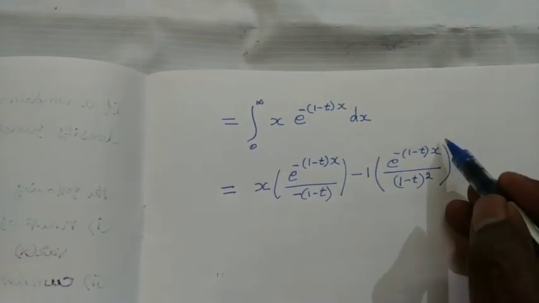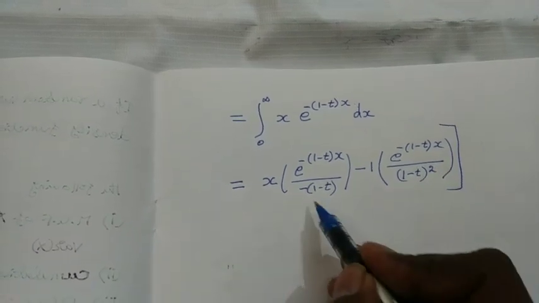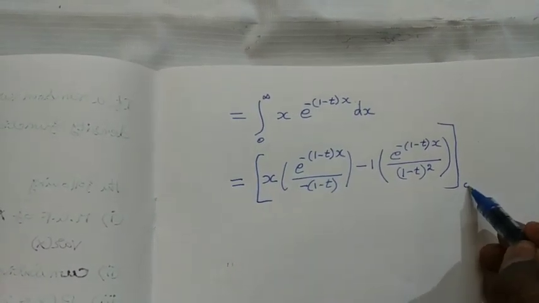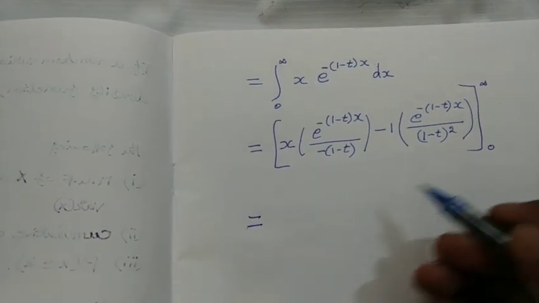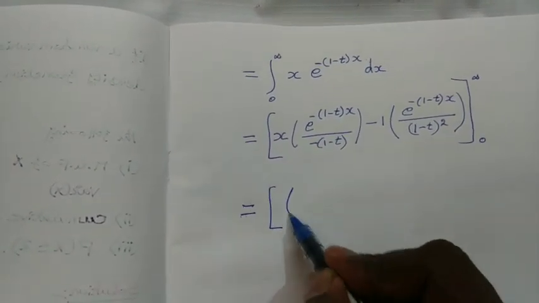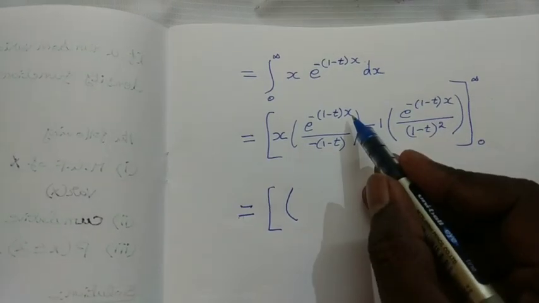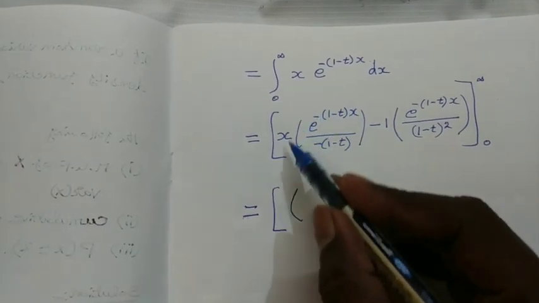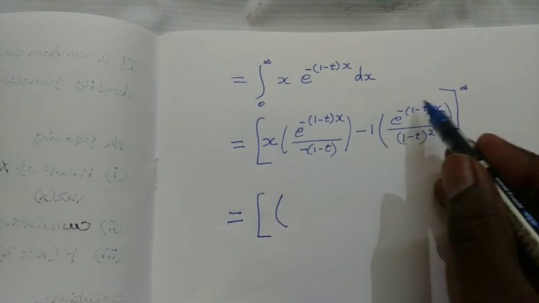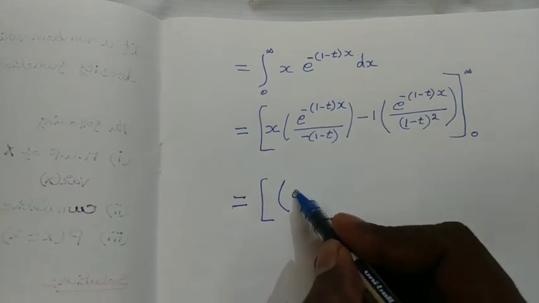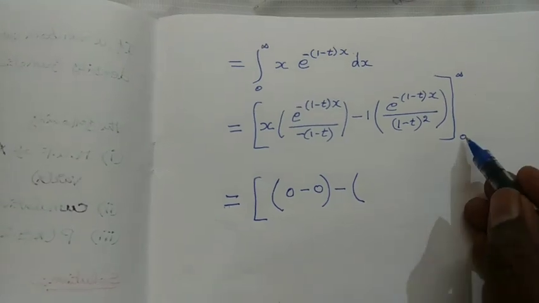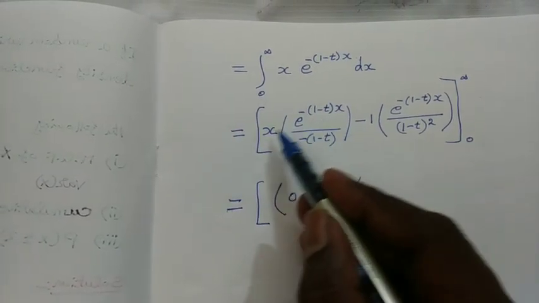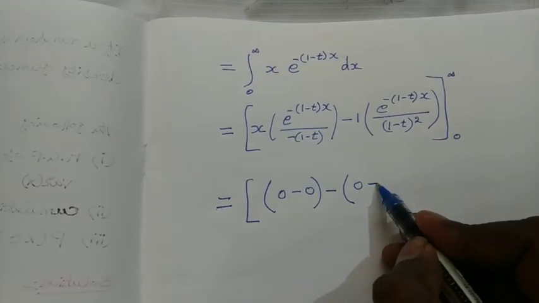Now the limit is 0 to infinity. I am going to substitute the upper limit. Substituting infinity, e power minus infinity is 0, so 0 minus 0 for the upper limit. Minus the lower limit: substituting 0 in the first term, 0 into anything is 0.